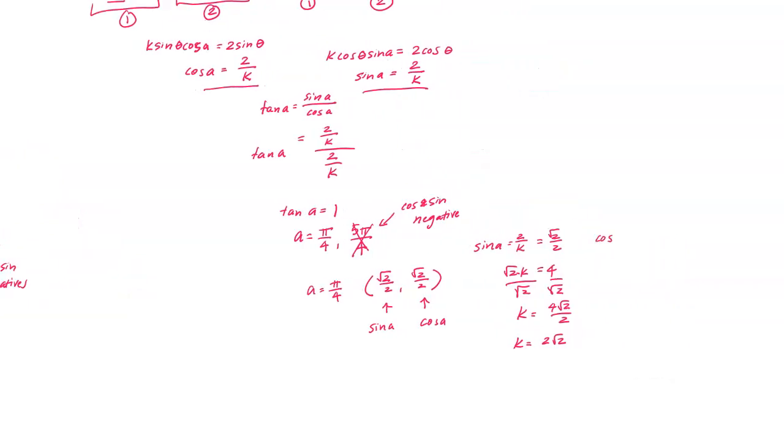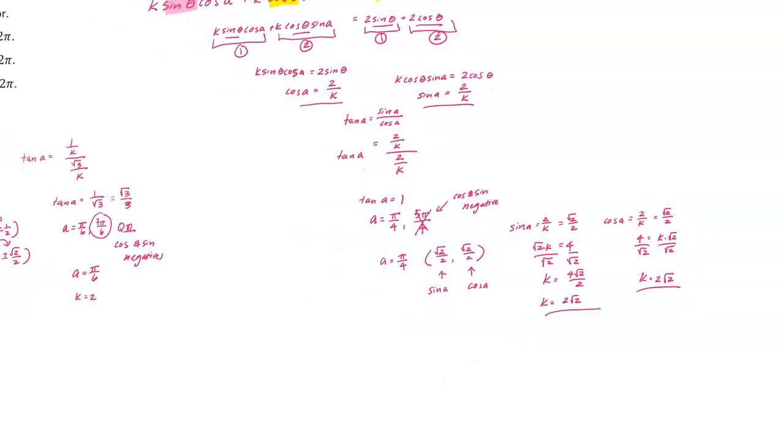Same thing for cosine A. Cosine of A is 2 over k equals square root of 2 over 2. So 4 equals k times the square root of 2, so k equals also 2 times the square root of 2. They have to be the same.